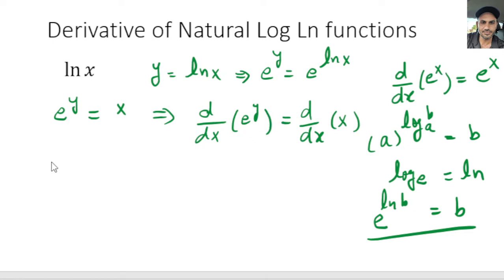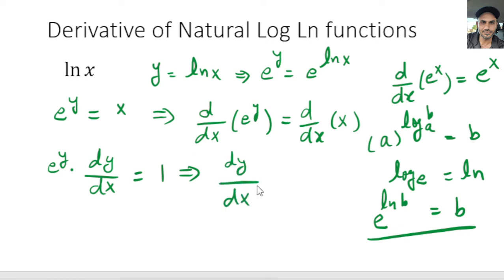So the derivative of e to the y is e to the y times dy over dx, and on the right hand side, the derivative of x is just 1. We can divide both sides by e to the y, so we get dy over dx equals 1 over e to the y.